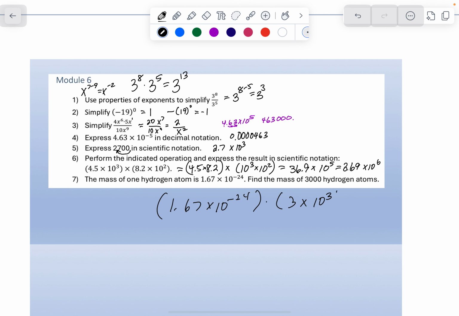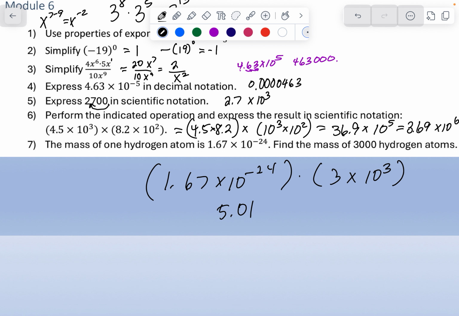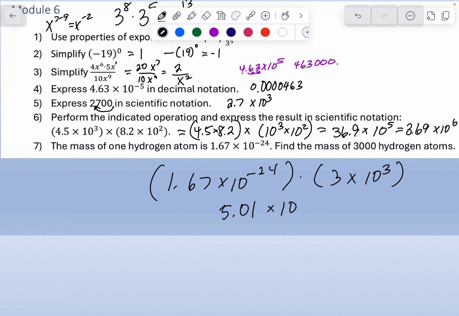Okay, so if they both are in scientific notation, let's keep that there. Okay, 1.67 times 3 is 5.01. And then 10 to the negative 24 times 10 to the third: keep the 10, add the exponents. Negative 24 plus 3 is negative 21.